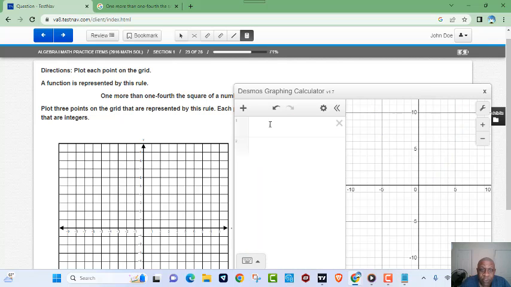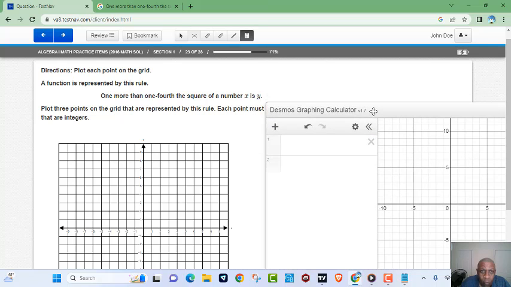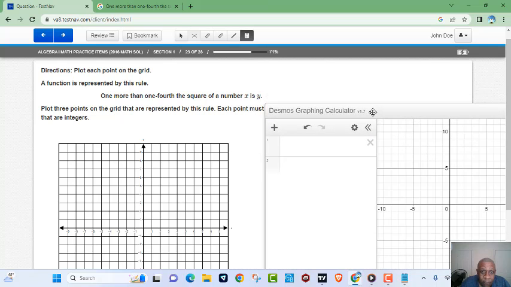Add in here. All right, so what do we have? 1 more than 1/4 the square of a number x is y. So why don't I just work backwards? So y equals, now 1 more we know is going to be the plus 1. It says 1/4 the square of a number.